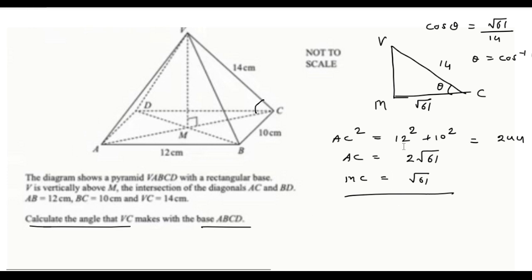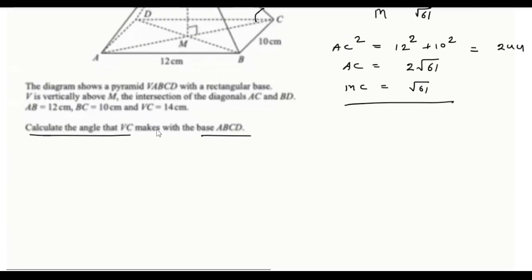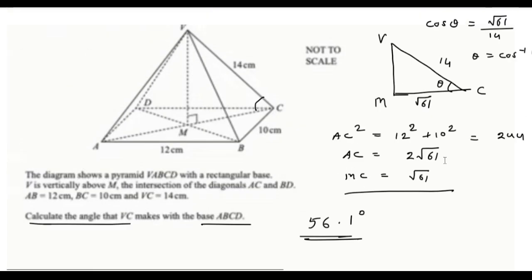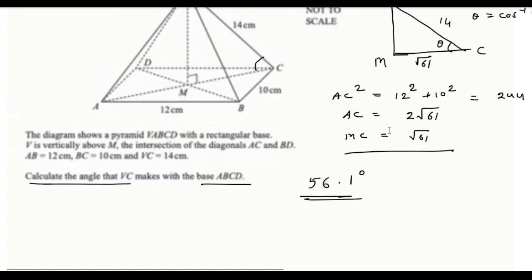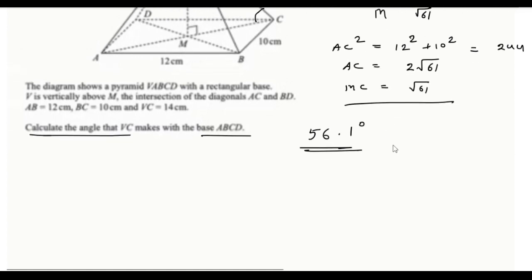Rounding it, I will say it is 56.1 degrees. So this is the angle diagonal VC makes with the base ABCD. Okay, now let's see another question.